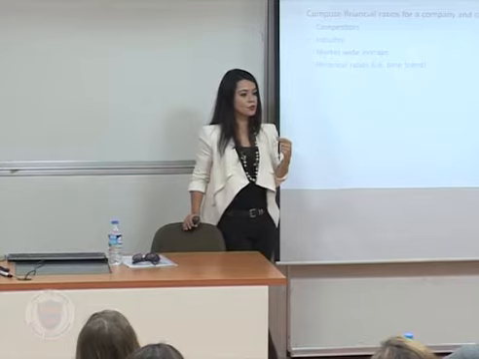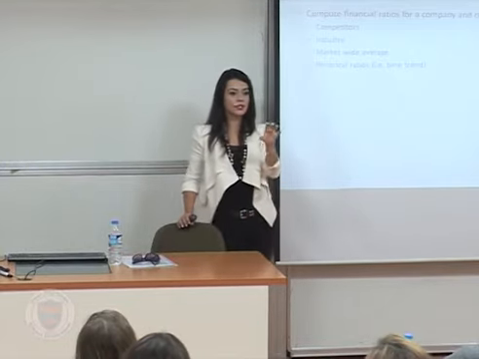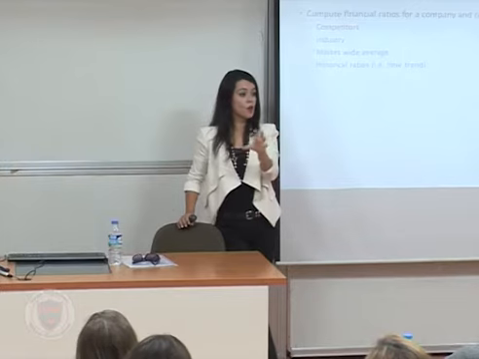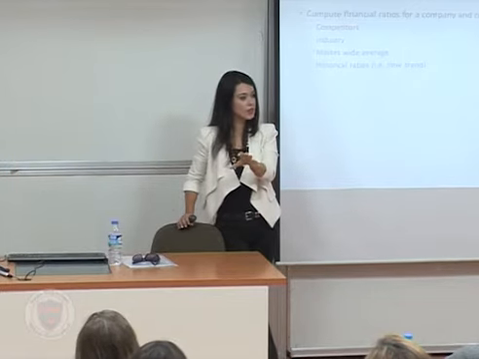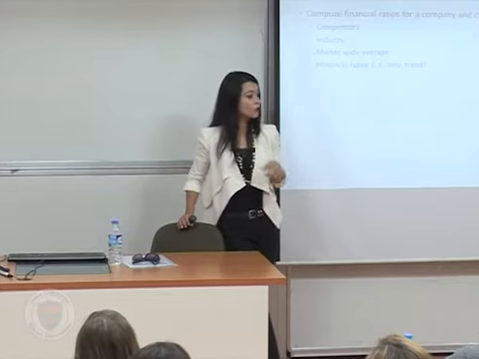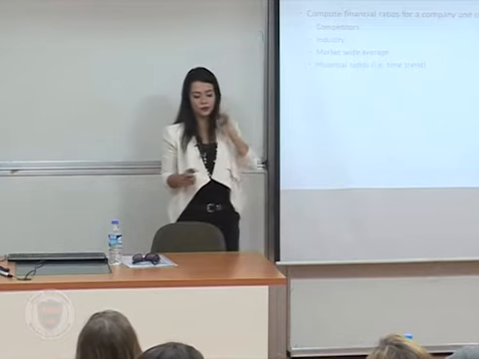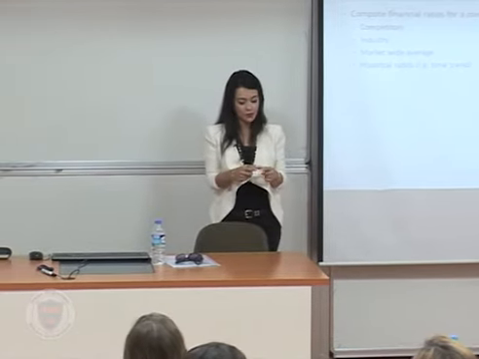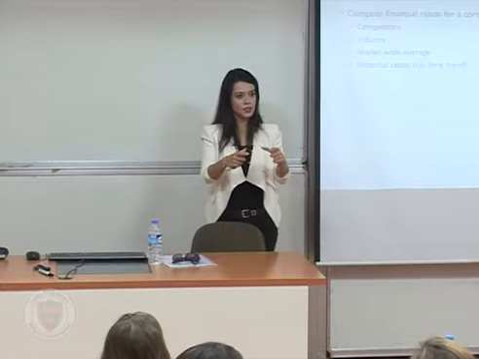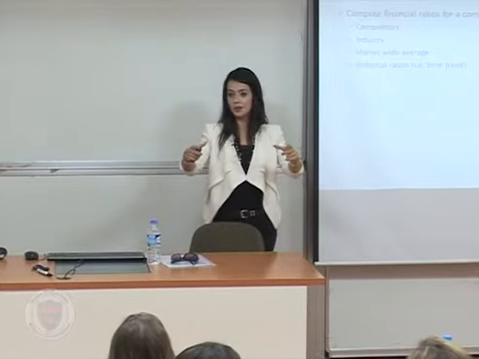So first, you should make sure that you're looking at how this company is doing compared to the competitors, the rivals in the same industry, or industry overall, or the market ratios. So basically, we are starting with the company. We are comparing the company with the rivals, like similar firms, and then the industry, and then the entire market.